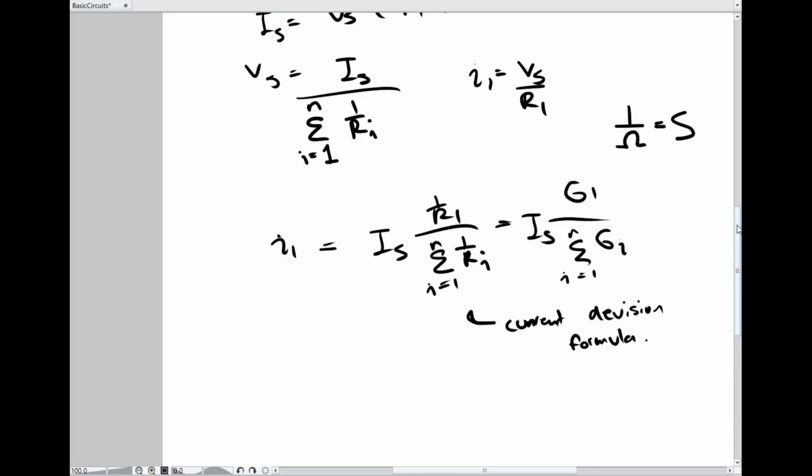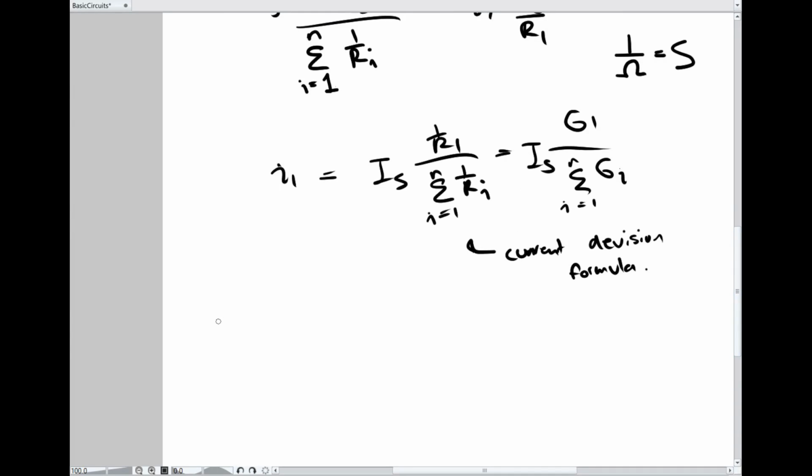So you would have something like I1 is equal to Is times the product of all of them but the one of interest, the product over i not equal to 1 of Ri, divided by the sum of the products over i not equal to j of Ri, and we're summing over j, so j equals 1 to N.